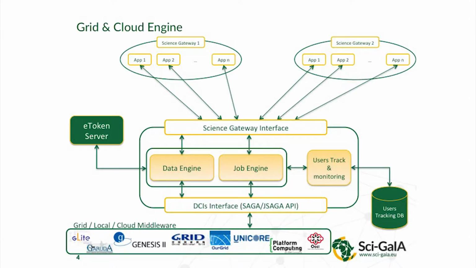The first interface is used to communicate with several applications embedded in different Science Gateways, and another interface, named the Distributed Computing Infrastructures interface, is used to communicate with several e-infrastructure middleware. For example, with grid infrastructure, with local HPC systems, or cloud resources.